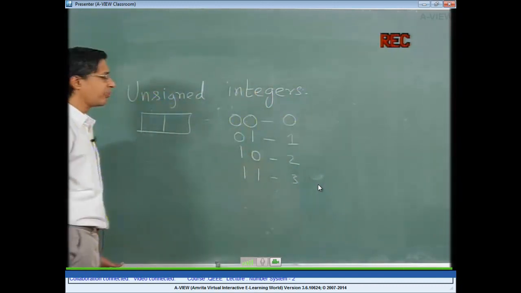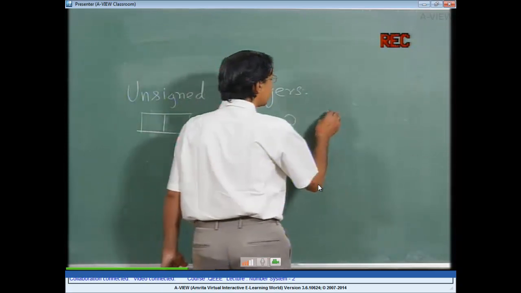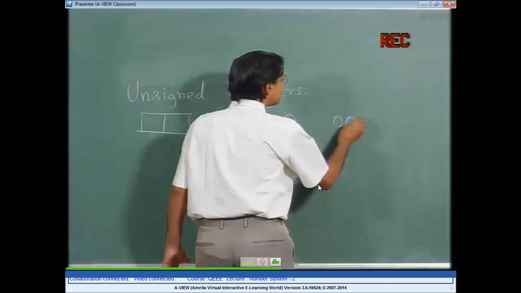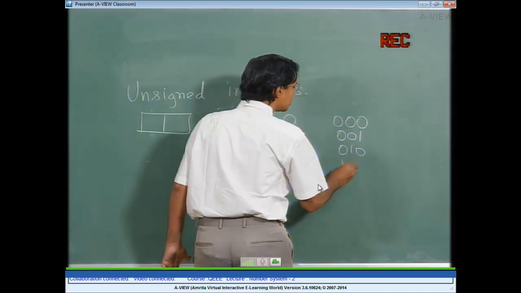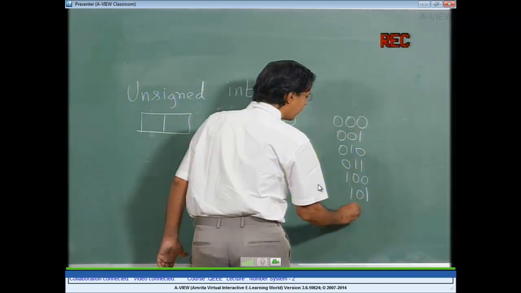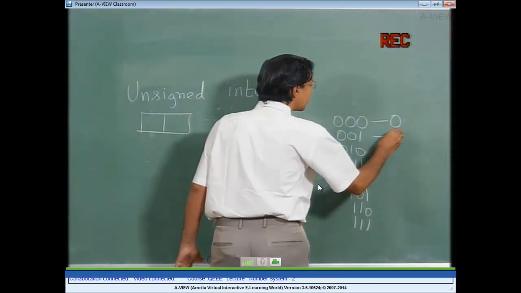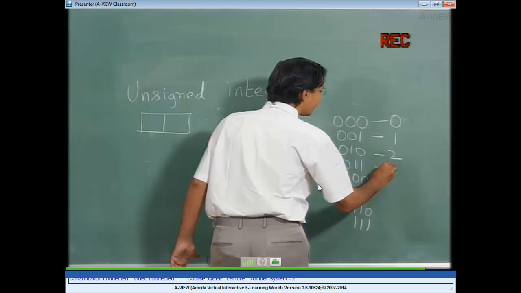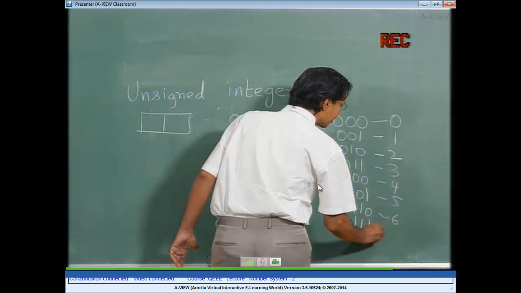Suppose I have 3 bits, then I can represent 000, 001, 010, 011, 100, 101, 110, 111, which will represent 0, 1, 2, 3, 4, 5, 6, 7.